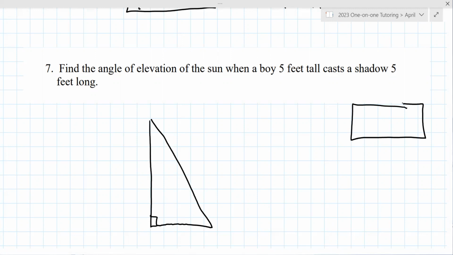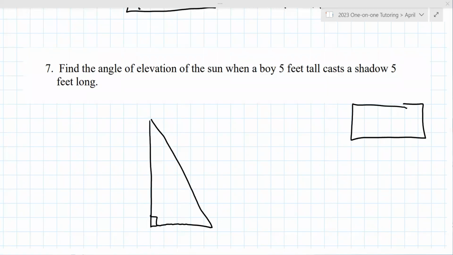The angle of a 5-foot tall boy casts a shadow of 5 feet long. Okay. So 5 foot tall, that will be opposite over hypotenuse, which once again is going to be sine.